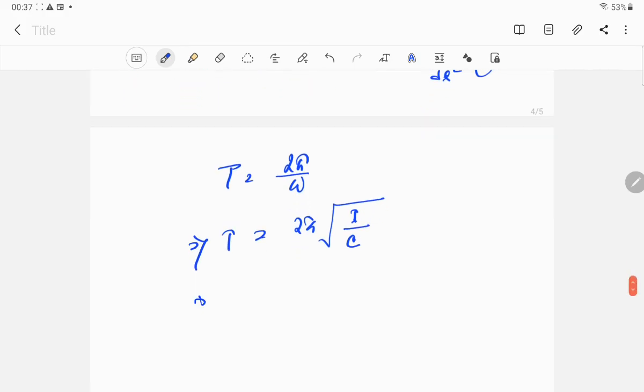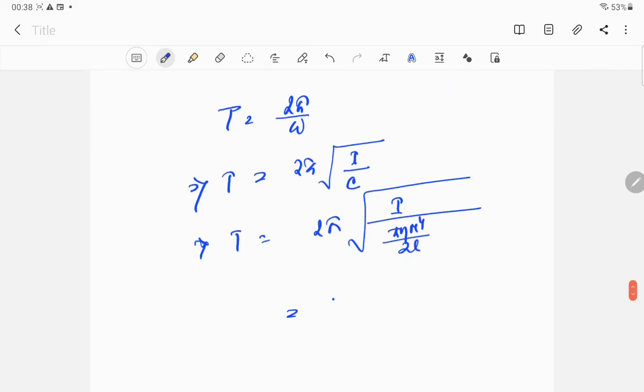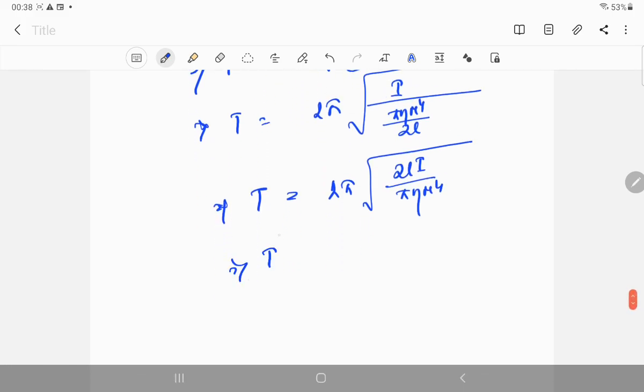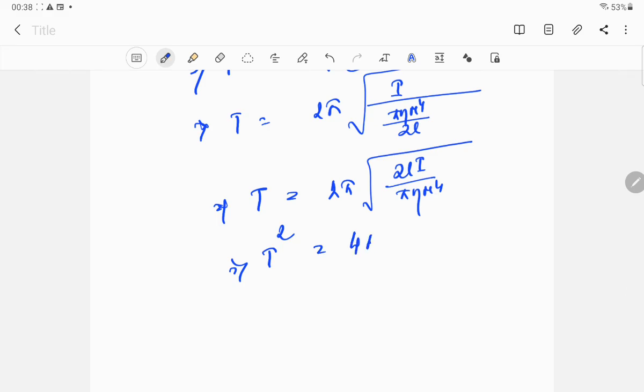In laboratory experiments, we always use the value of I and also C. C is pi eta r to the power 4 by twice L, and then T becomes twice pi times the square root of twice L I by pi eta r to the power 4. If I square it, T square equals 4 pi square into twice L I by pi eta r to the power 4.